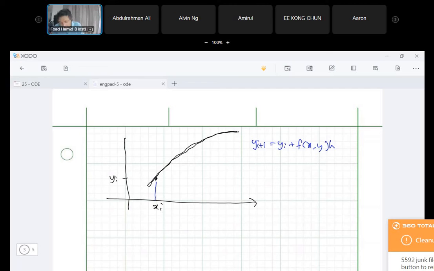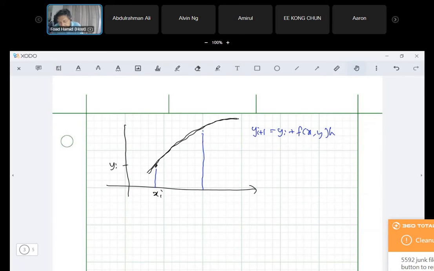So let's say we are going to find what is our xi+1, yi+1 value at xi+1. So this is xi+1. Using the first one, you see that this is our predictor.